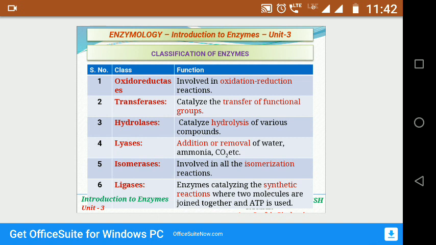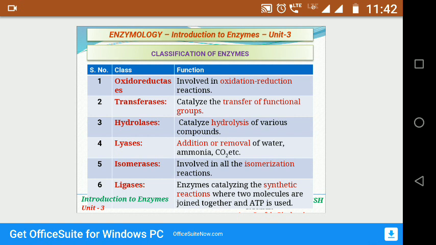The first class is oxidoreductases. Oxidoreductases means those enzymes which are involved in oxidation and reduction reactions. What are oxidation and reduction reactions? Simply electron transfer.